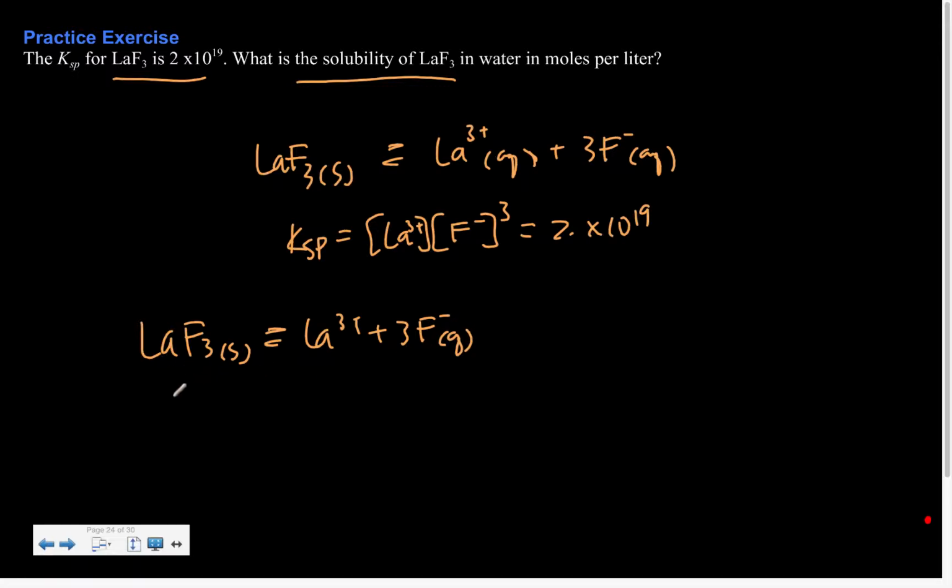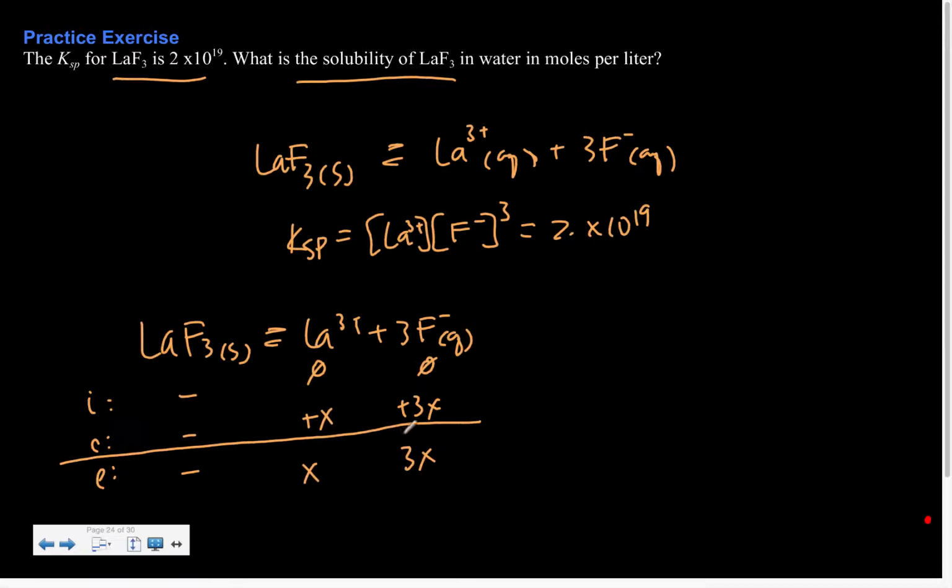Here, we start off with none of each of these. We know that we're going to dissolve some of this. How much of this are we going to dissolve? 3 times that amount, which means that we are looking for x and 3x as my respective equilibrium concentrations.